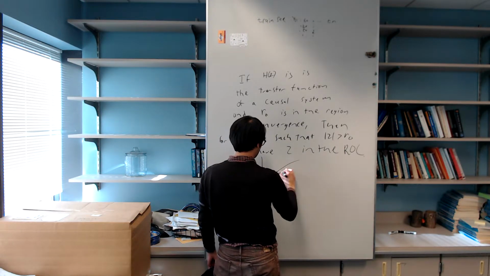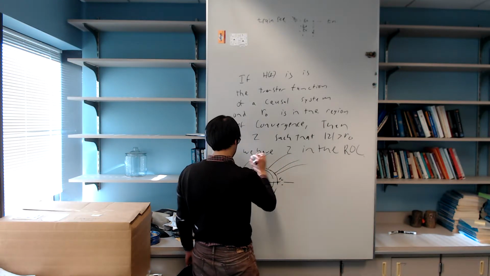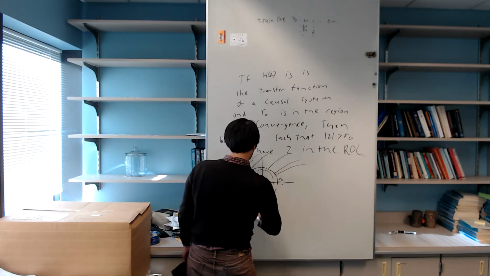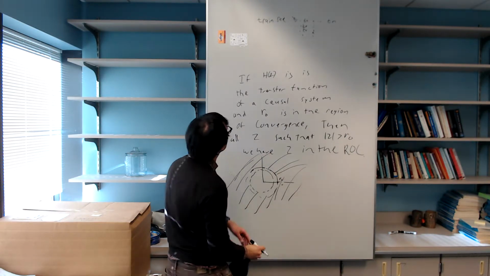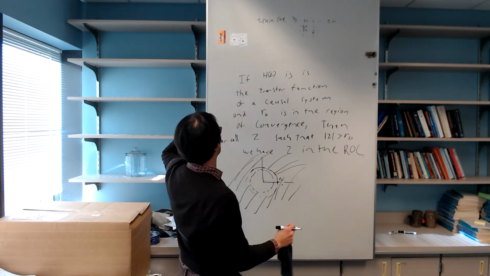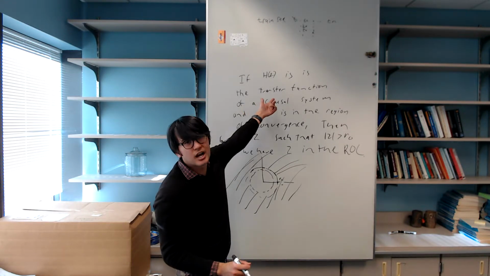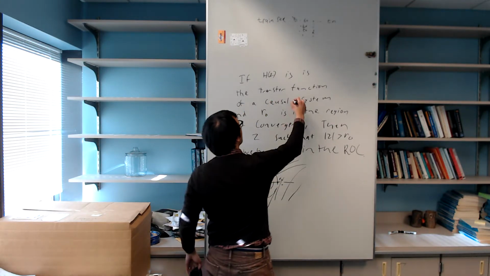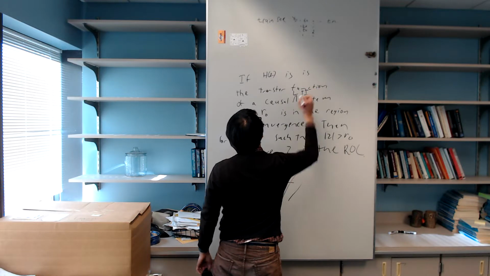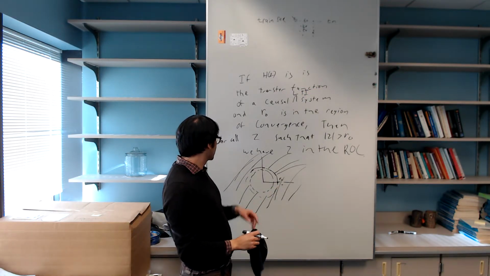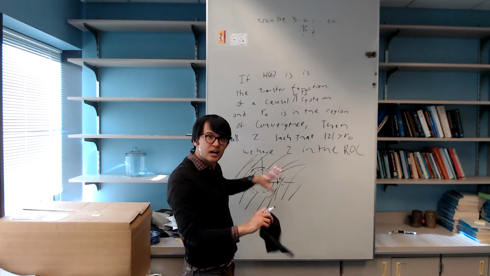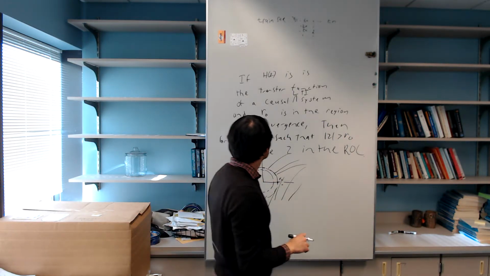This is a very general statement, because we're just saying we have a causal linear time-invariant system, an LTI system, and we've got this R0 out here in the region of convergence, then everything outside of it must also be in the region of convergence.